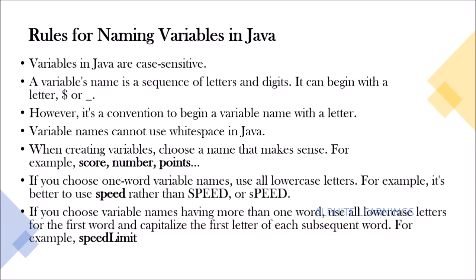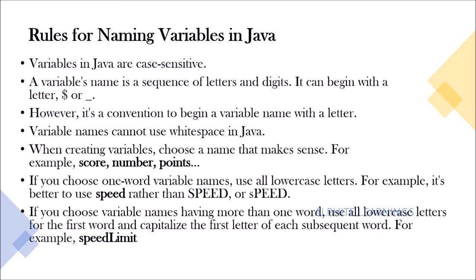With the name of the variable itself you will understand that the mark of this subject is going to get stored into this variable. That way it will be easy for you when you read the program, or if you are going to share it with others.